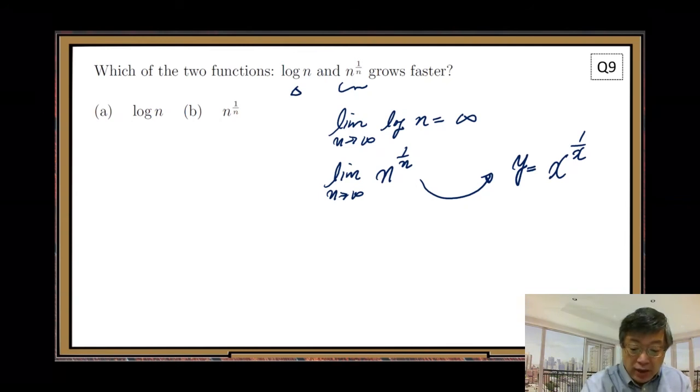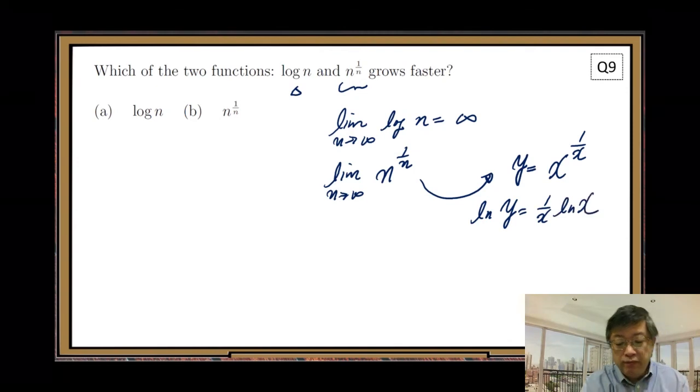All right. So here you can see the form like that, not easy to handle. A common technique is you take a natural log of this function. So then, by the log property, you have this. Next, you take the limit.